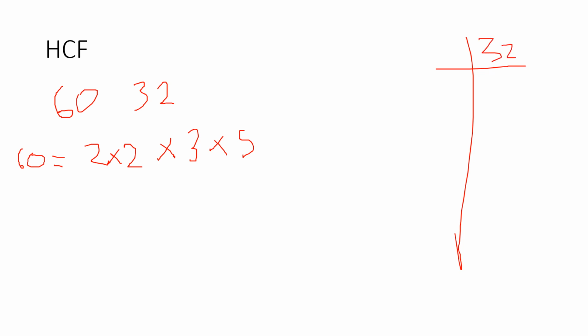Then we start with our lowest prime factor, which is 2, and then 2 can go into 32 16 times. So remember, you say 32 divided by 2 is going to give you 16. And then you also check 2 to say now 16 divided by 2 is going to give us 8. Then 8 divided by 2 is going to be 4.